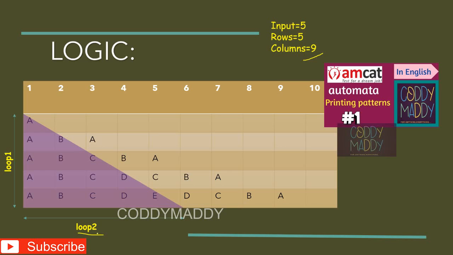Then the third loop will be used for printing the excess alphabets apart from the triangle pattern, like the third character A in the second row, B A in the third row, C B A in the fourth row, and D C B A. That is the reverse of the alphabets, which will be printed with a different loop, and the forward alphabets will be printed with a different loop.